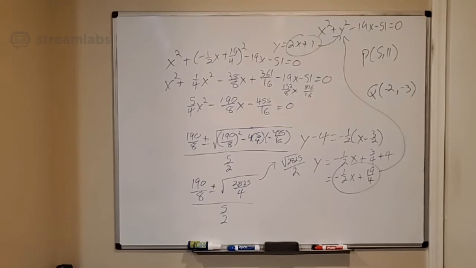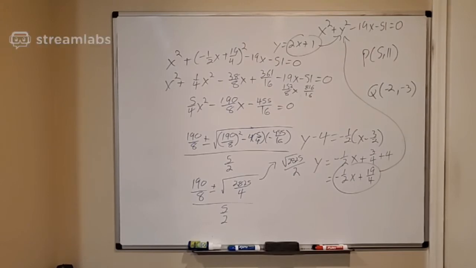Part C, perpendicular bisector of AB. Oh god, more perpendicular bisectors. Of AB meets BC at D. Okay, that's actually not too bad. So again, what does it mean to be a perpendicular bisector? What do I need?